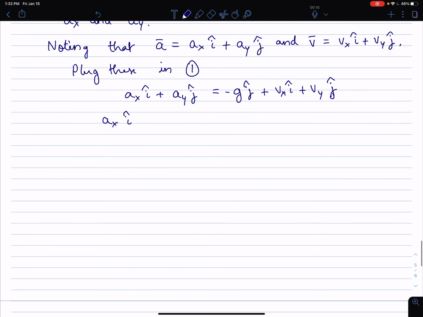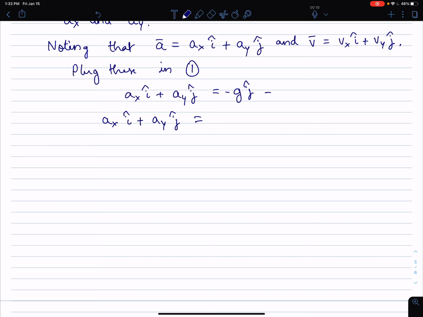What we can do is collect all the i terms and the j terms. Oops, I suppose there is a math error here.